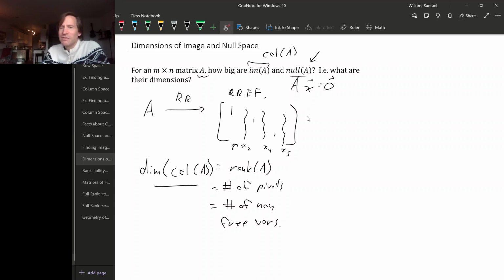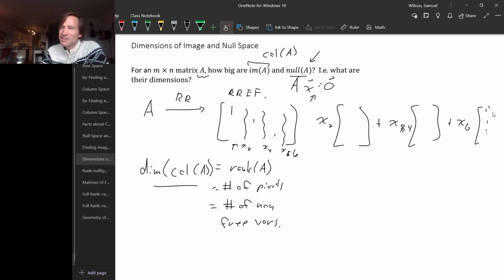Whenever you have a free variable, what you get is a free variable times some vector, plus another free variable times some vector, plus, I guess this would need to be a 6, plus another, right?